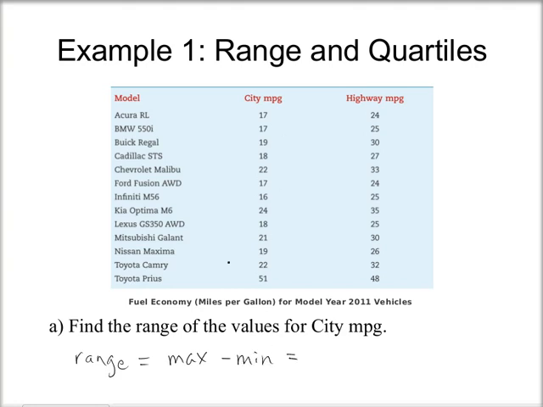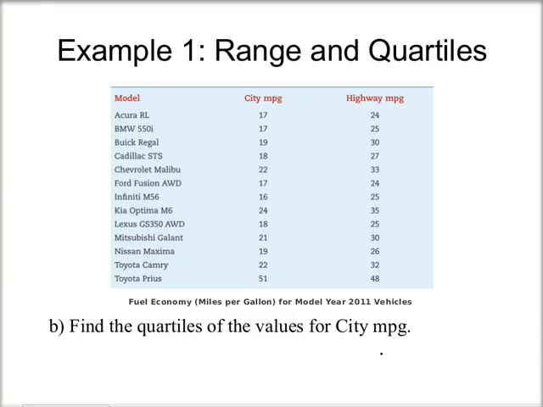Looking at my chart, my maximum value is 51 for the Toyota Prius. My minimum value is 16 for the Infiniti. So 51 minus 16 is 35. So my range is 35 miles per gallon. It's the difference between my biggest value and my smallest value.